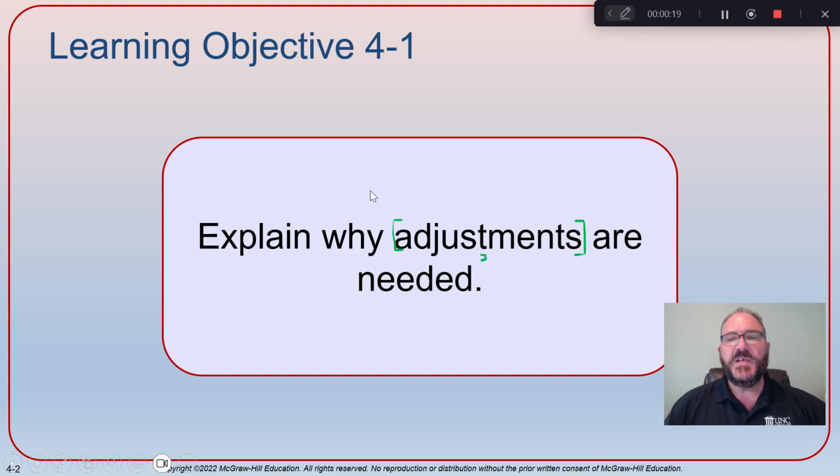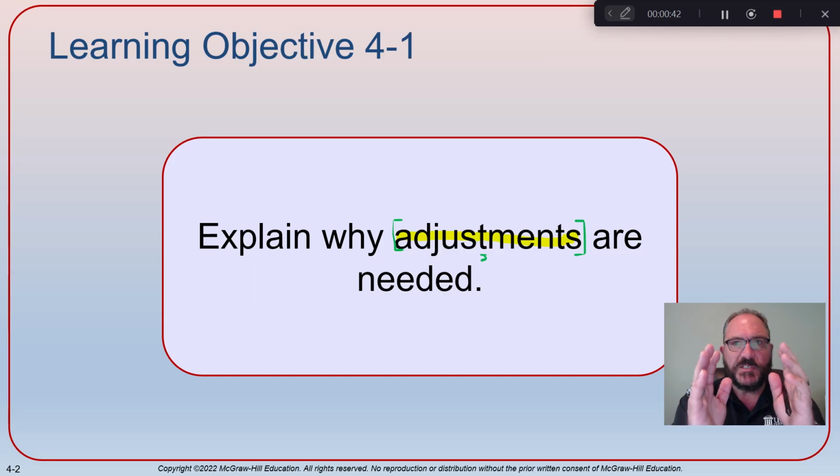All right, so the first thing, why are adjustments needed? Like what are these things? So let me give you the big picture first. Remember, we need to make sure that the revenues and the expenses match, right? Generally during the month, we're doing transactions, but there are some items that we have to make at the end of the month.